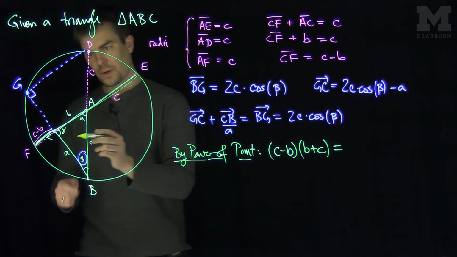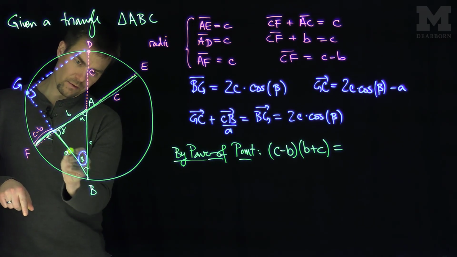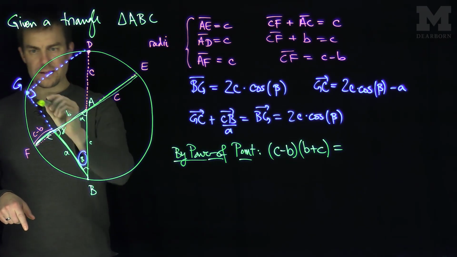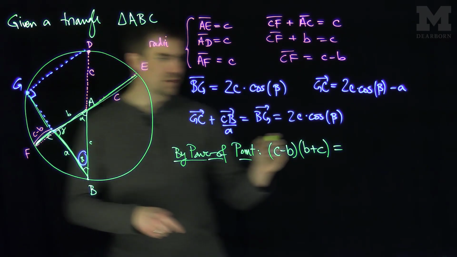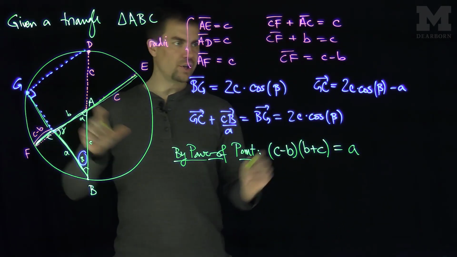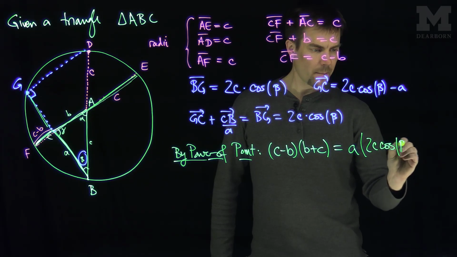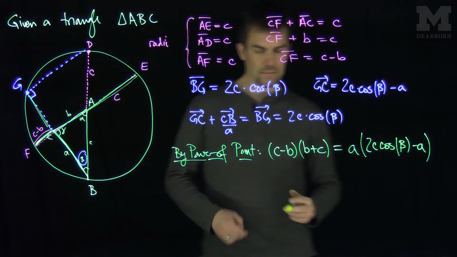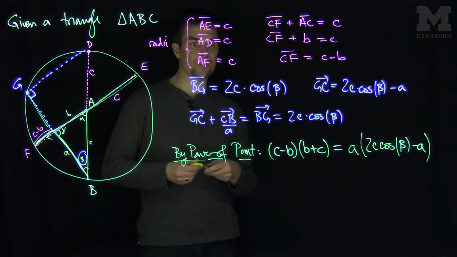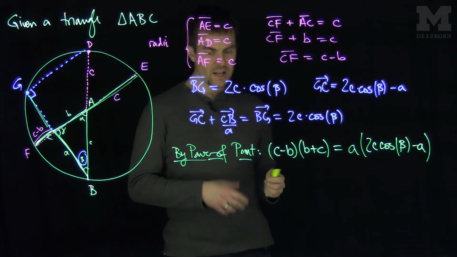Over here it's going to be a, this length over here, times this length over here, which we just found. So that's going to be a times the length G to C, which is going to be 2c cosine beta minus a.